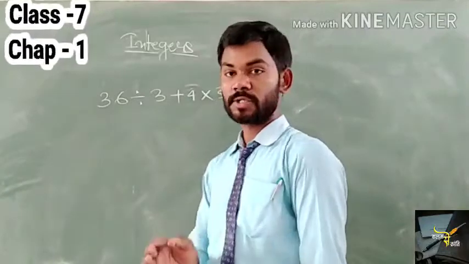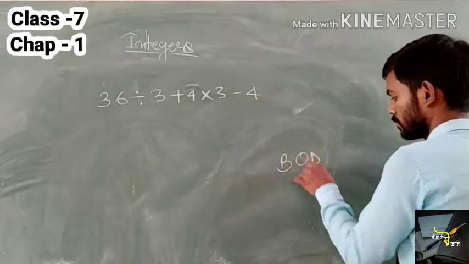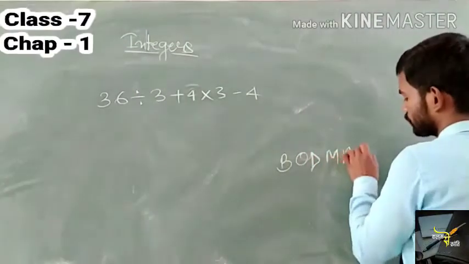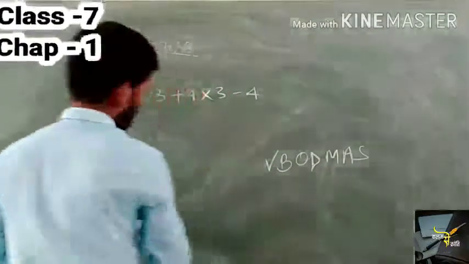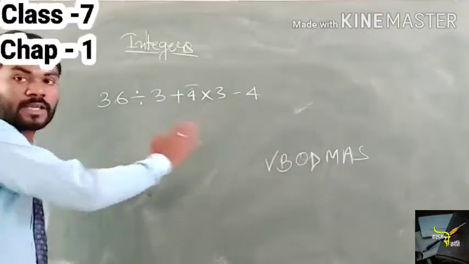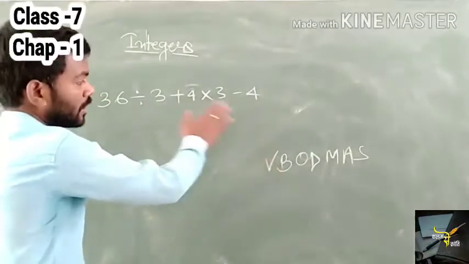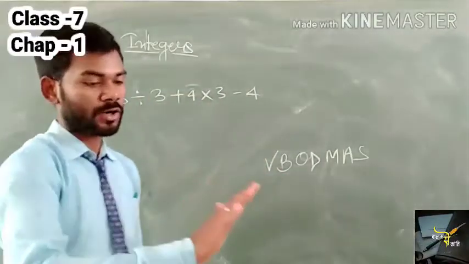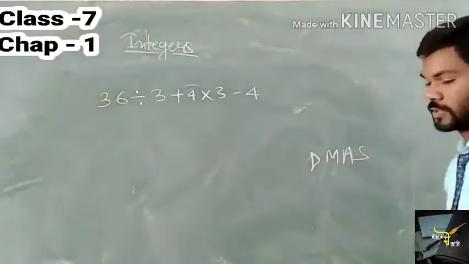Now using the rule here, in this question there is no vinculum bar, neither does it have brackets, nor of. So we do not need these terms.